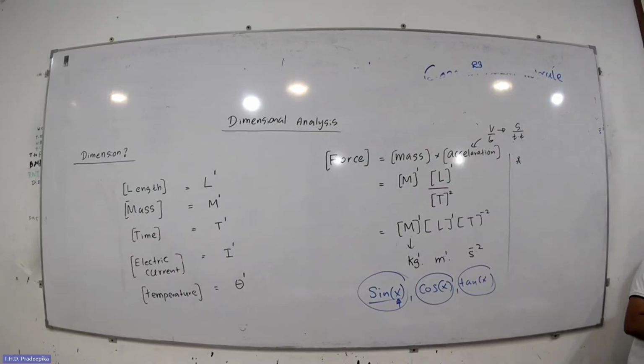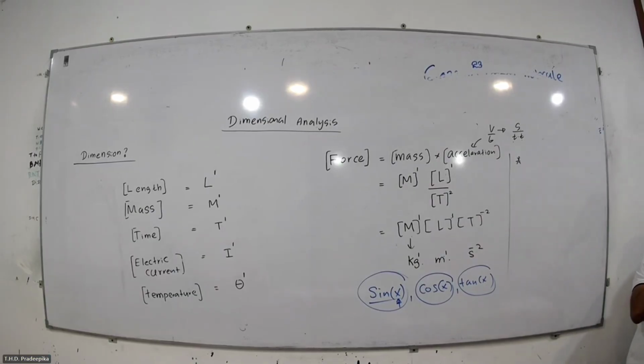First one, physical quantities without units have no dimensions. Let's write 2 or 3 examples.